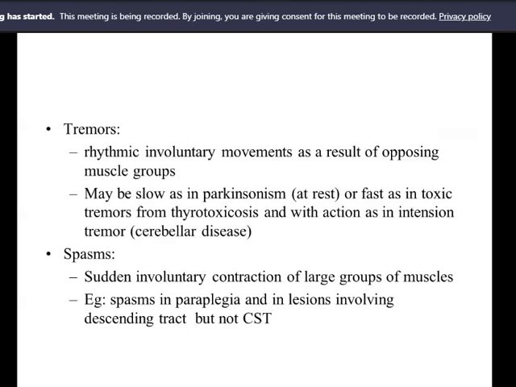It happens when the extrapyramidal tracts are lesioned, not the pyramidal tract. Am I clear?